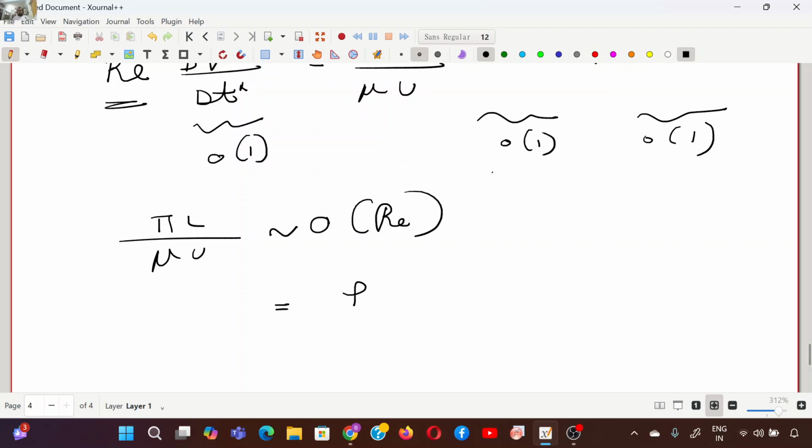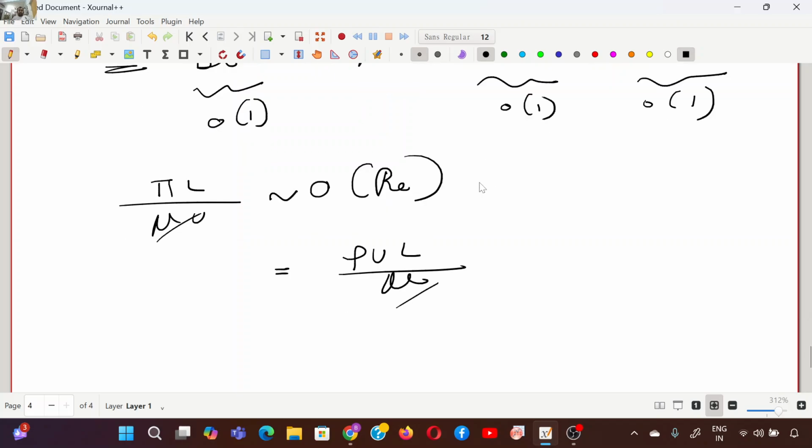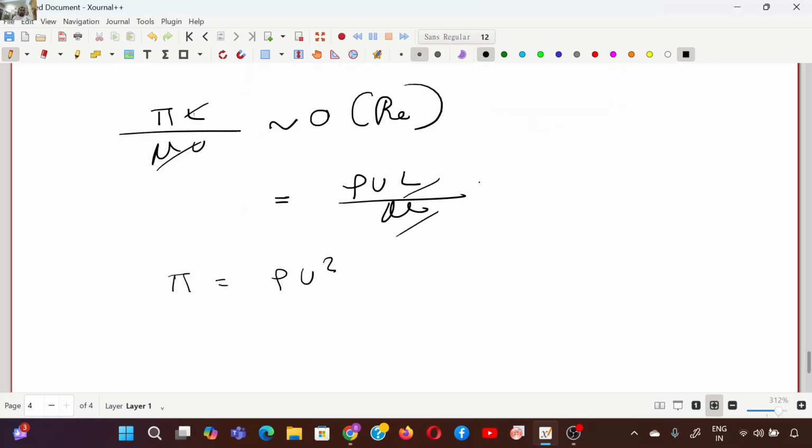What is Reynolds number? Rho u L by mu. Mu gets cancelled. L gets cancelled. So pi should be of the order of rho u square. Okay. So this is the pressure scaling at high Reynolds number.